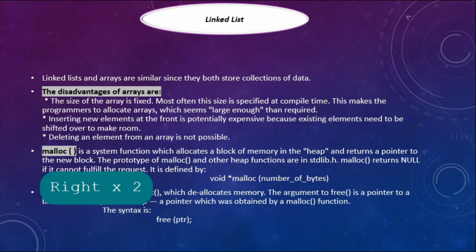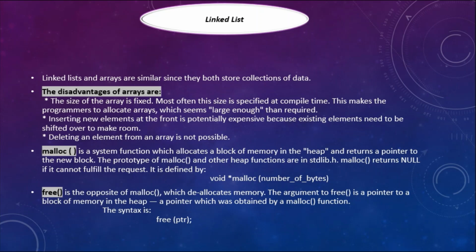And the second one is free. Free is the opposite of malloc, which allows us to deallocate memory, and the argument to free is a pointer to a block of memory in the heap which was allocated by malloc.